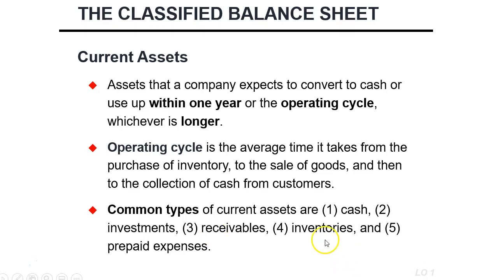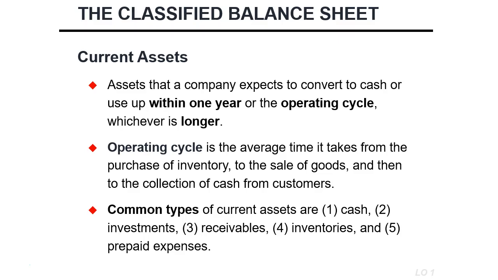Inventory. Well, the inventory is purchased or manufactured. We plan to sell inventory and then convert it back into cash. So inventory qualifies as being a current asset. It also says an asset that we're going to use up. Think about your prepaid expenses, whether it's prepaid rent, prepaid insurance, prepaid advertising.